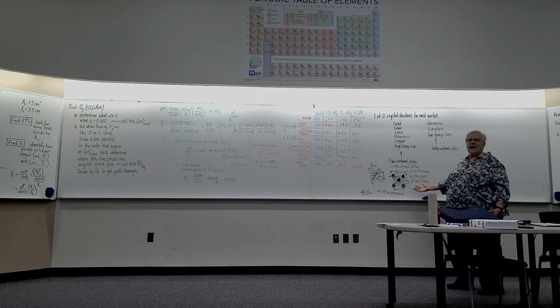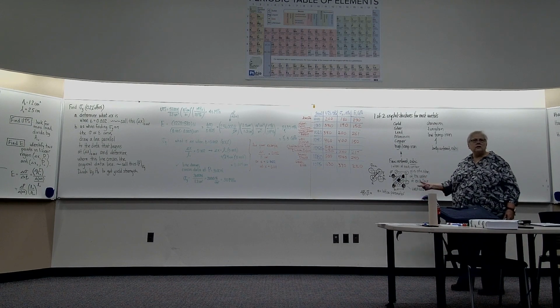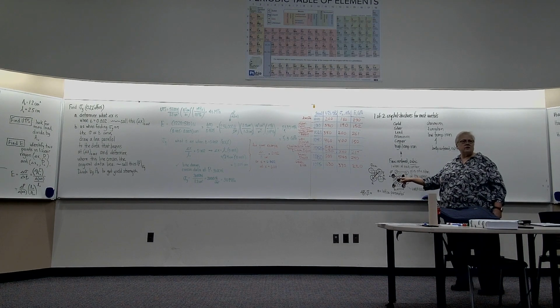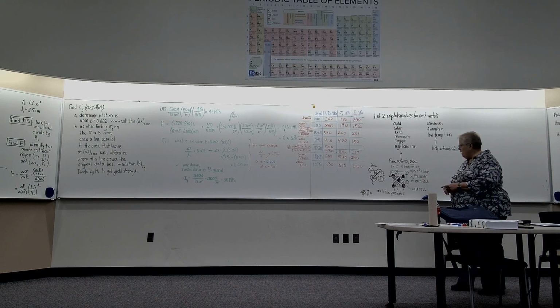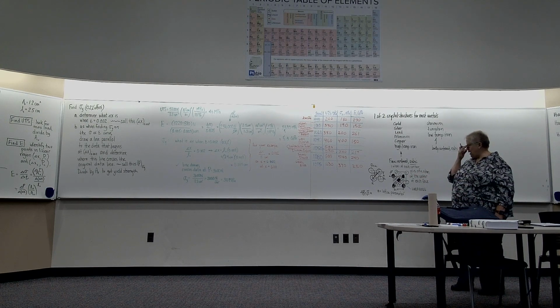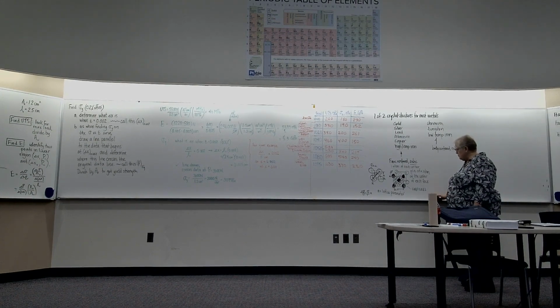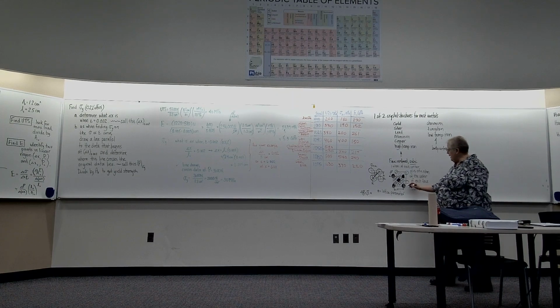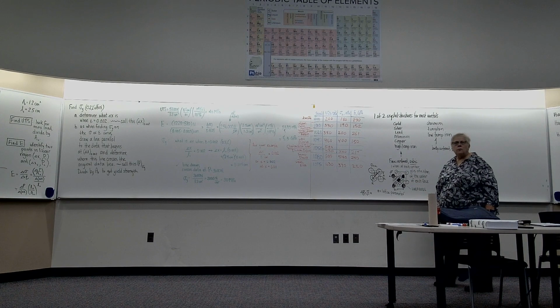If we knew how many atoms are in a unit cell and how much each atom weighs, then we could calculate the density of that unit cell, which we'll do next time. So how much does one unit cell weigh? Well, I've got 8 corners, and 1/8 of each of them is actually in the cube.